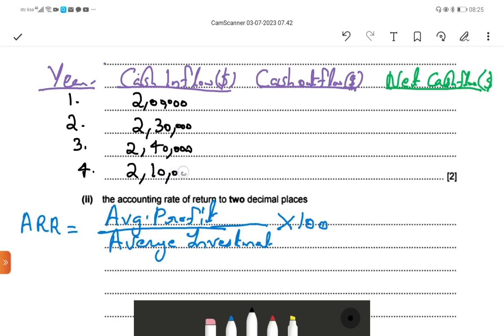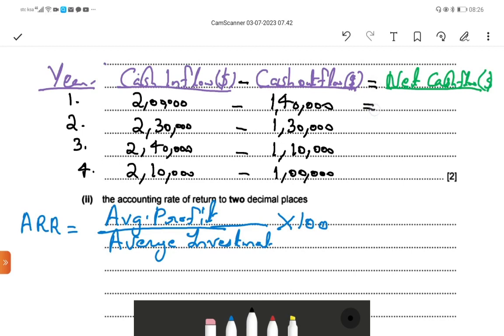Next, cash outflow: 140,000, 130,000, 110,000 and 100,000. All the cash outflow we deduct. So net cash flow is equal to cash inflow minus cash outflow.